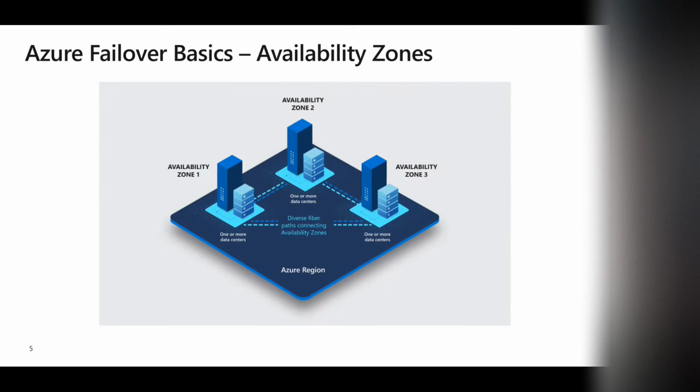Availability zones. Most of the regions in Azure support availability zones. To make it easy, I heard one example which makes sense to me in regards to what a region is, what is an availability zone, and what is a data center. A region is like a big pizza pie. Each slice is an availability zone, and a topping on that slice is your data center. So each availability zone can have multiple data centers.